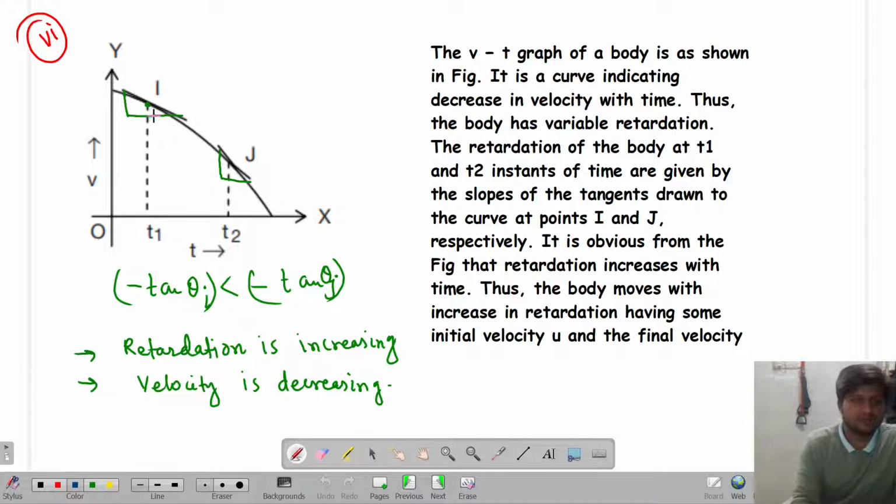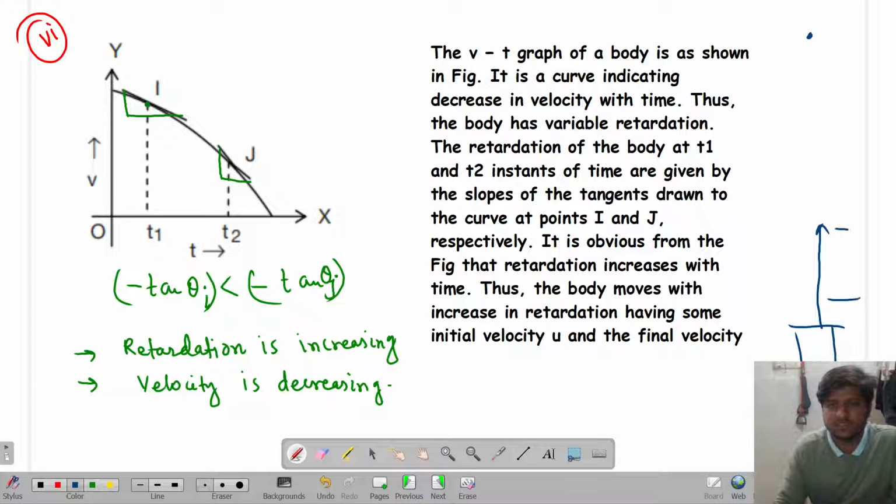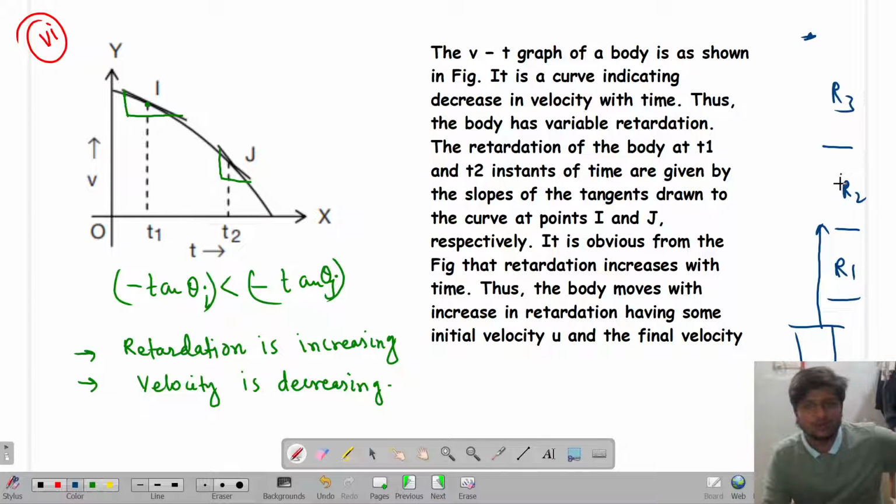Initially the retardation is much less because the lift needs to go upward. Suppose a lift is over here; it needs to reach over here first. The decrease in the velocity will be very small here, and very small at this point too. Let's suppose this is R1, this is R2, and this is R3 at the final stage. The retardation will increase.